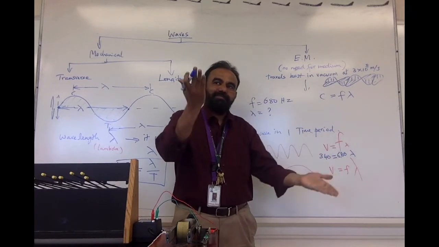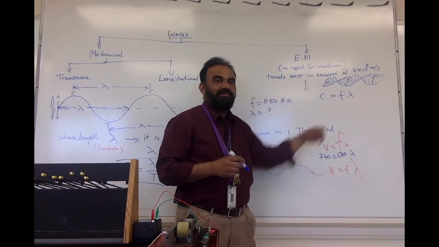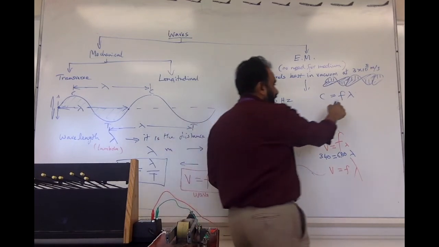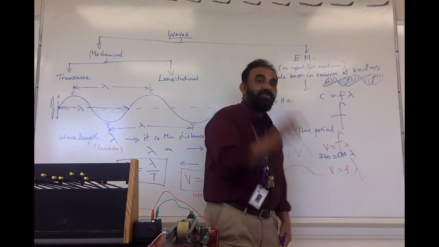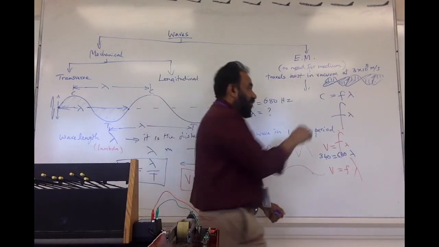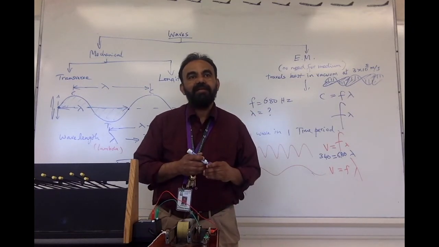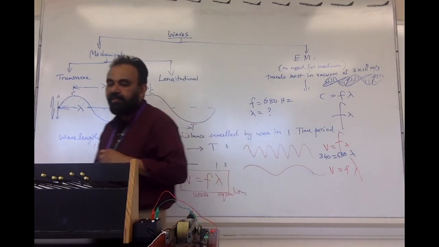So which one has a higher frequency, violet or red? Violet has a higher frequency, so therefore it has a shorter wavelength. Red has a lower frequency and therefore will have a longer wavelength. Make sense? Yeah.